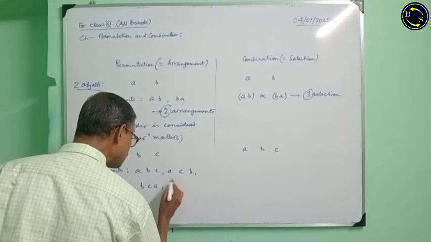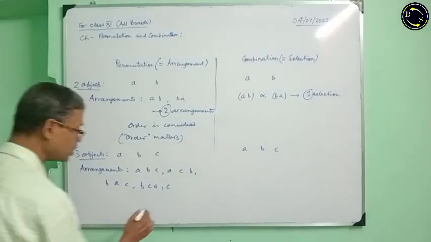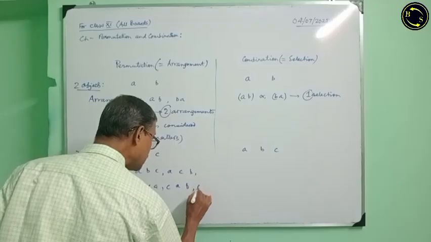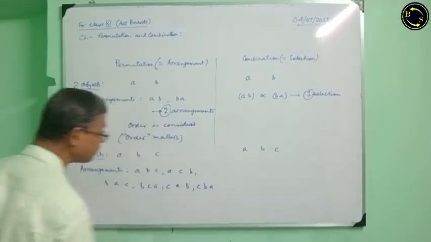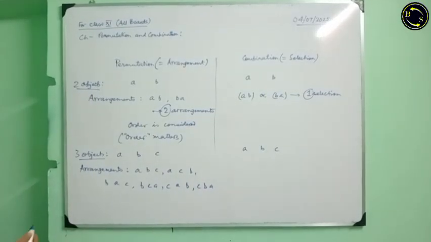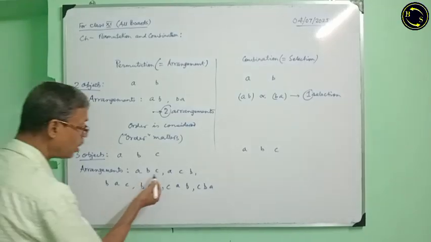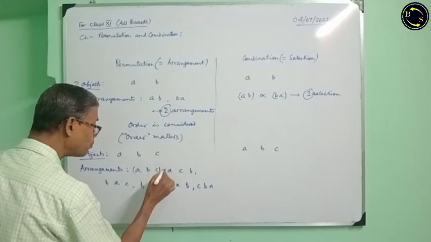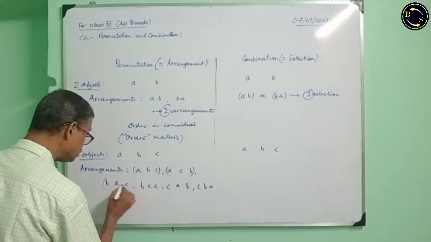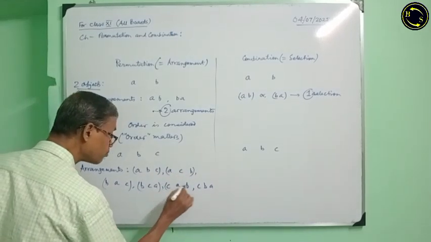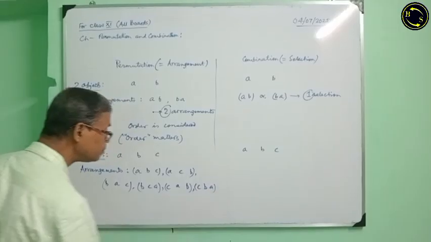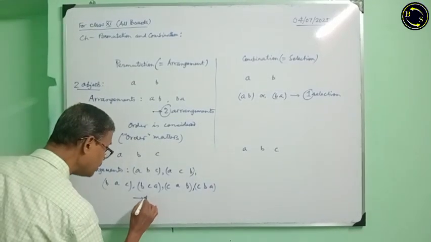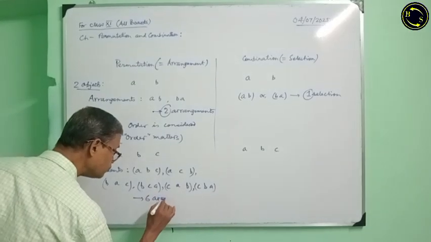Then C is kept first, C, A, B, C, B, A. How many arrangements are we getting? 1, 2, 3, 4, 5, 6. You may put brackets like this. So totally 6 arrangements.